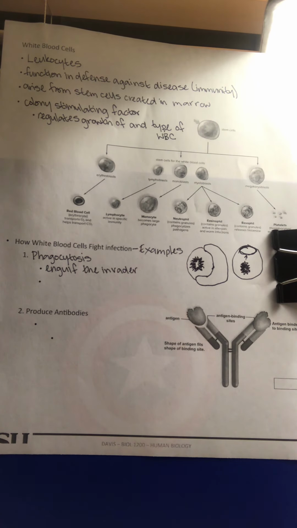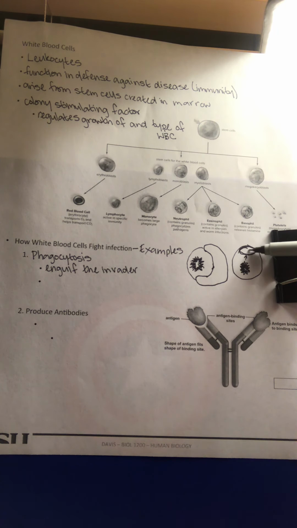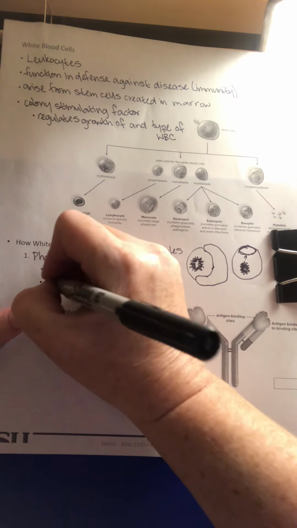Okay. And the invader is going to be sent to the lysosome because a part of the membrane is going to encircle this, drag it up here, merge with the lysosomal membrane, and release the invader into the lysosome, at which point the lysosome will do what a lysosome does, and it's going to digest the pathogen. Okay, it's going to destroy it.